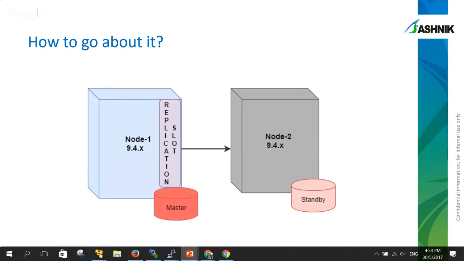Now, like I said, the minor versions do not change the format of data and WAL files, but there could be some changes. But all the patches would ensure that the standby is always able to consume WAL files which are produced by an older version. So that's why it is always important to apply the patch on the standby first and then on the master.